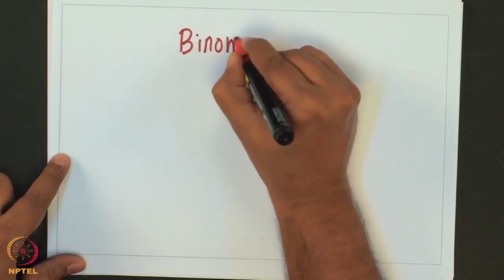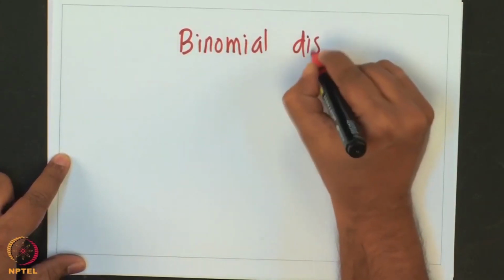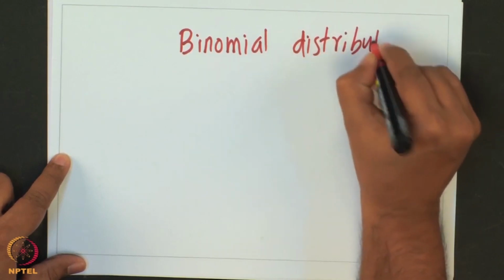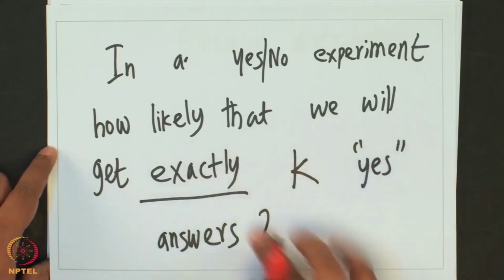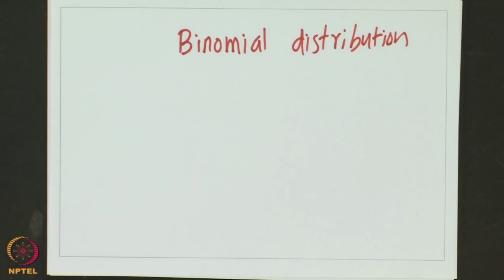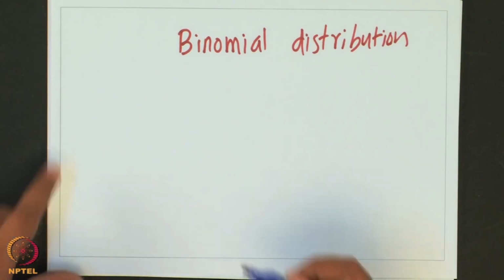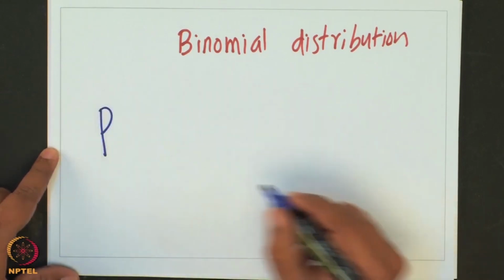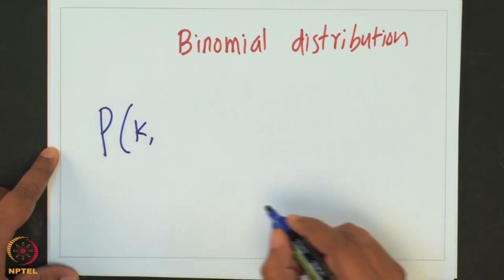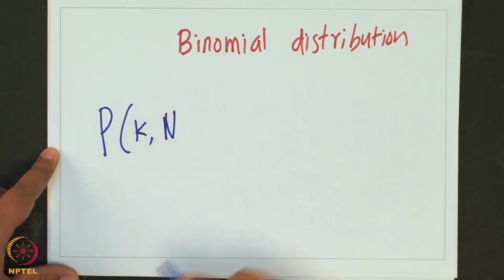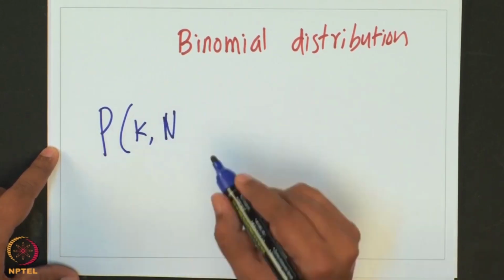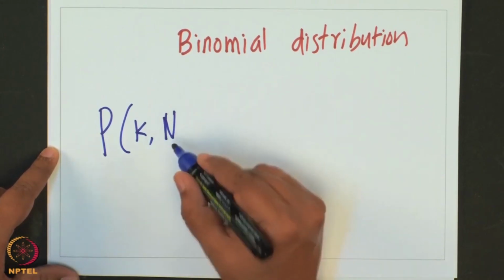So the binomial distribution answers this question: how likely is it that we will get exactly k yes answers, given there are n individuals answering this, or n cells. So n is the total number of cells we have.